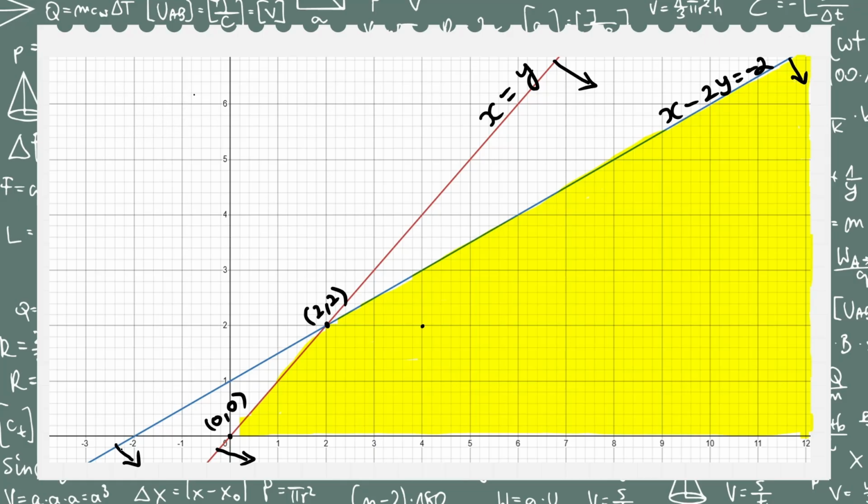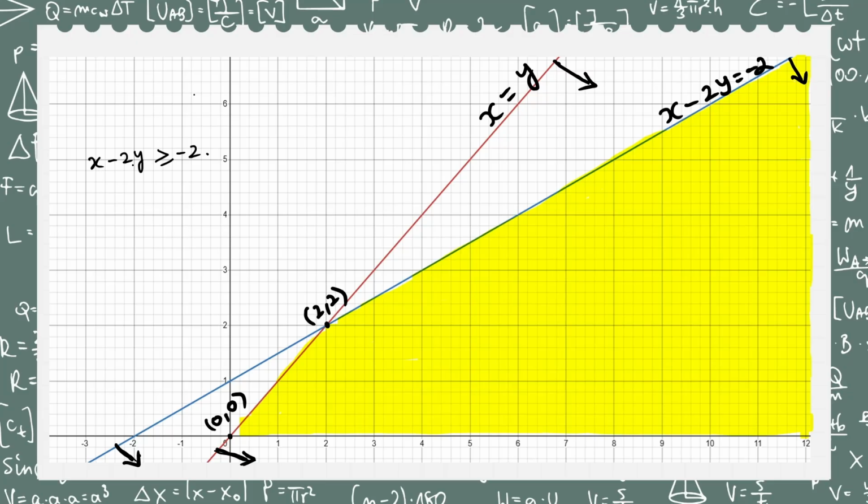So we have to draw a down arrow for the red colored line here, the line x equal to y. Then for the blue line, this inequality is x minus 2y greater than or equal to minus 2. So we can take origin for our reference.